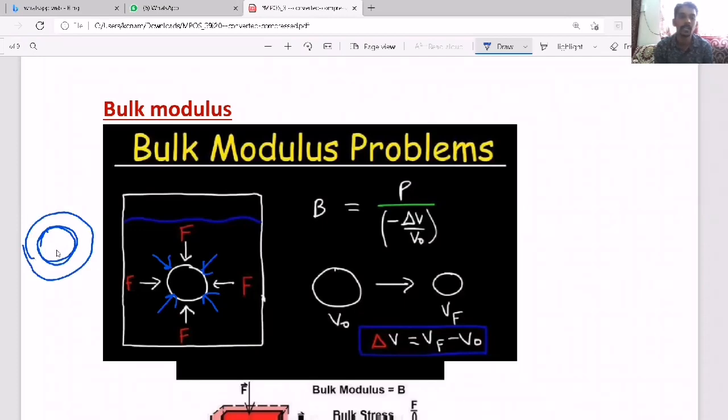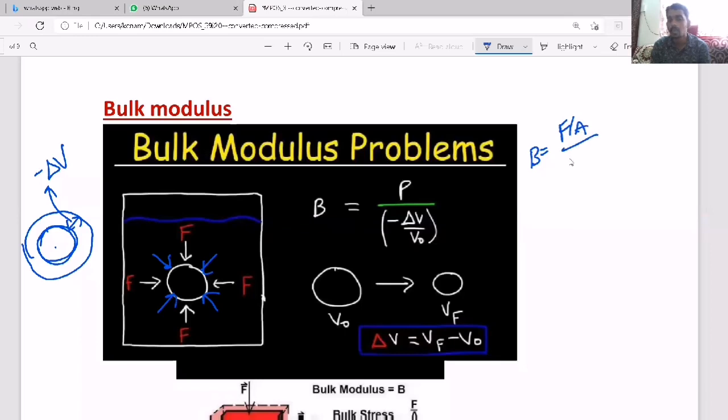So it was like this and it became like this. So there is a decrease in the volume, that is minus delta V. As it is decreased, we represent with minus, and the bulk modulus means the bulk stress by bulk strain, that is minus delta V by V.